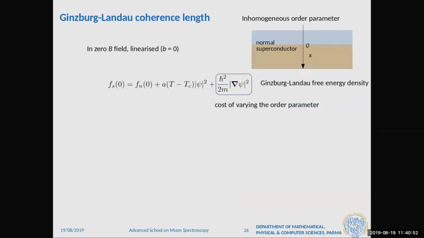And I want to go one step forward. Landau said... So the first example of this kind of Landau type theory with the term that I'm introducing now, which is a gradient, the possibility for the order parameter to be inhomogeneous, actually dates back to very long before. It dates back to Van der Waals. Van der Waals studied this problem thinking of the phase transition between liquid and gas. Everybody understands this.